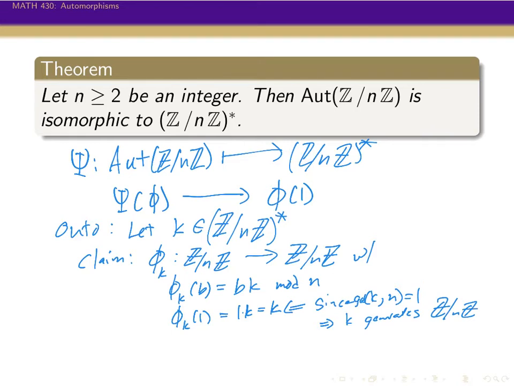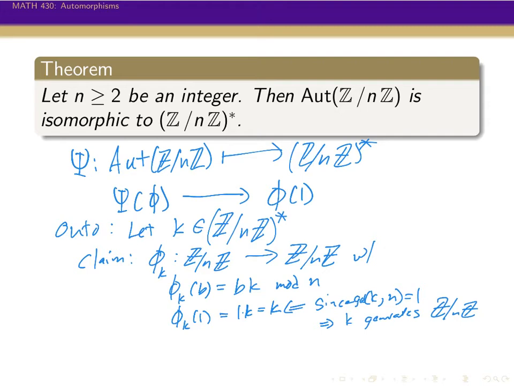And if it generates Z mod nZ, then it has to be onto. So phi sub k is onto. It's also going to be one-to-one. It's just because k is relatively prime, there is some element mod n such that when you do k times that element, it's going to be equal to 1. This is a fact that we've used before, so this is going to mean that it's also one-to-one.